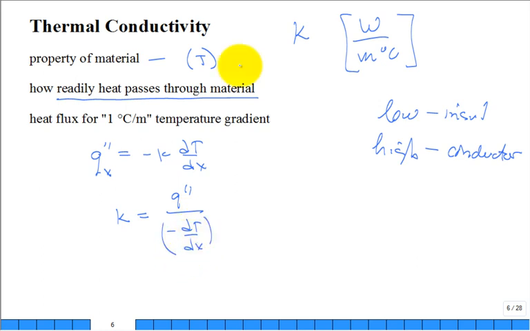So you could say it's the magnitude of the heat flux for a given temperature gradient. One way of thinking of it is, what is the heat flux per 1 degree C per meter? A standard sort of gradient. That's one way of giving a physical interpretation of k. Or you just say, hey, k is a property. If it's low, it's an insulator. If it's high, it's a good conductor.